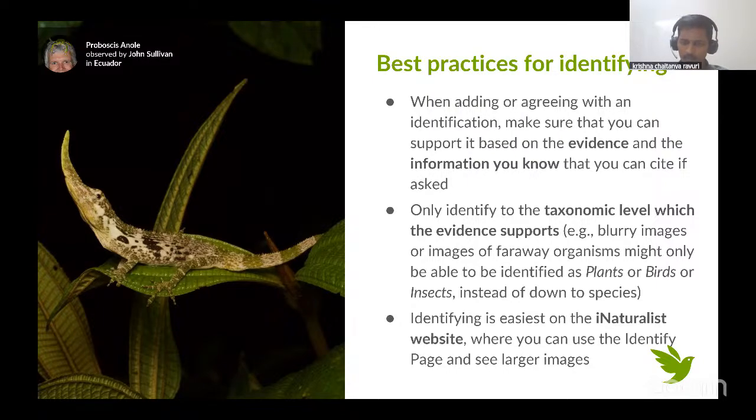It's not always just the pictures. You can add audio, notes, description, time and place. All of these together are considered evidence which helps in the identification.